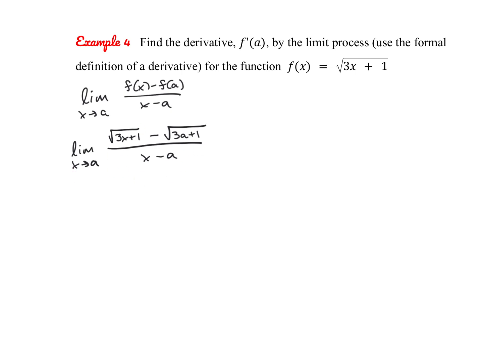Unfortunately here we can't just do direct substitution because we would end up with 0 over 0. So we'd get an indeterminate. So we do need to do a little bit of extra work. First we can try multiplying by the conjugate. So we have the square root of 3x plus 1 plus the square root of 3a plus 1.